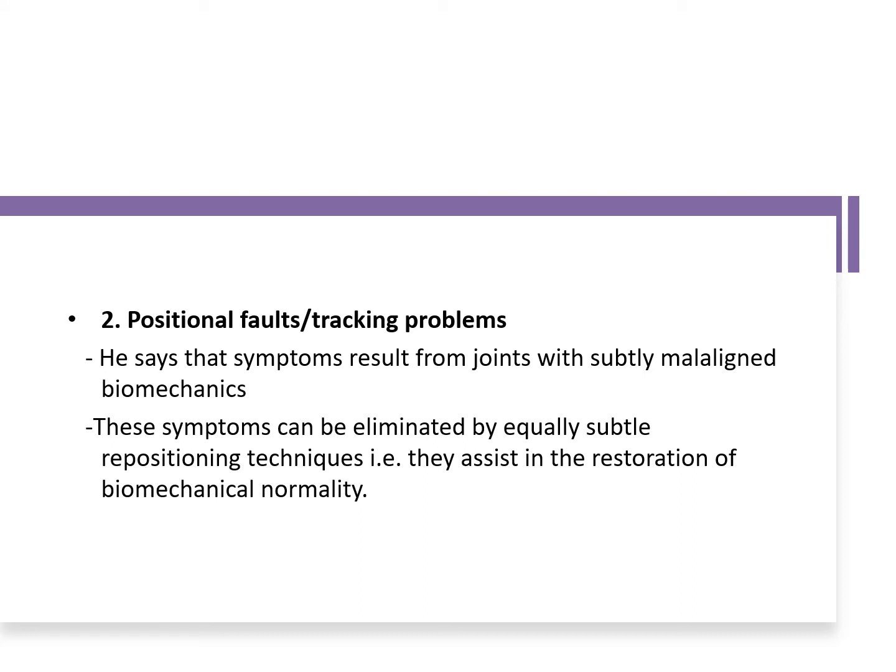Now coming to the second concept of Mulligan's, which is positional faults or tracking problems. I have told you about this in the previous slides. Imagine a normal joint, which has good articulation. It's articulated well. But what if the two articulating surfaces are slightly shifted? They are in contact, but a little bit shifted.